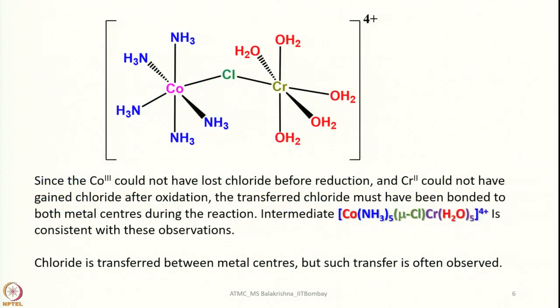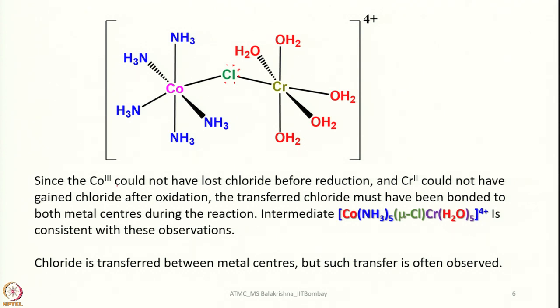You can visualize the bridging intermediate or transition state here. Of course, you know that chloride, after establishing a covalent bond, still has 3 pairs of electrons, and a pair of electrons can be readily donated to this one, and then one water can come out, and it can establish a bridge like this prior to electron transfer.